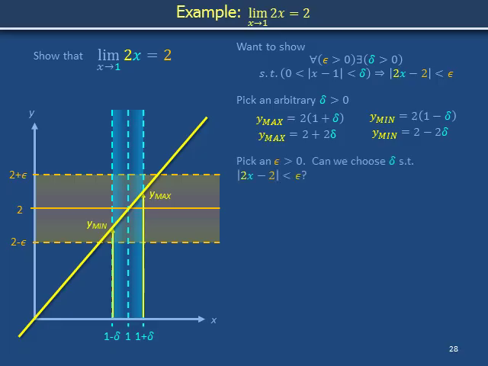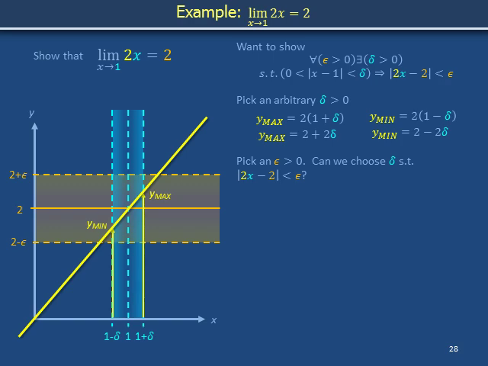Pick some arbitrary positive epsilon. How can we adjust delta so as to ensure that within the blue bands the plot of 2x versus x is less than epsilon above or below the value 2? We will satisfy this requirement by insisting that y max and y min both reside within the golden band.